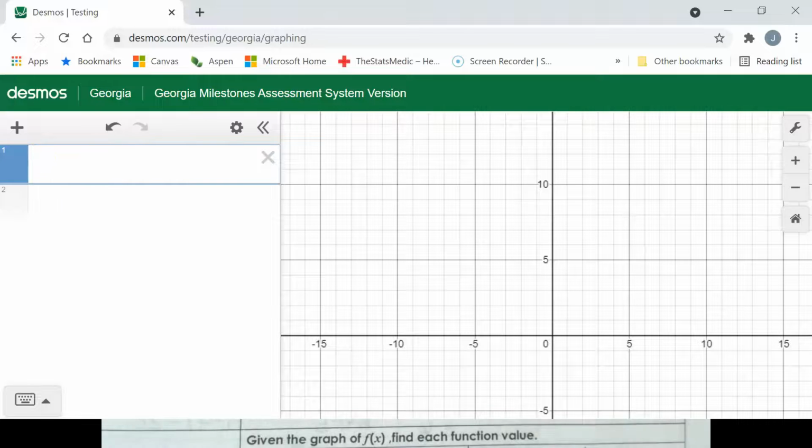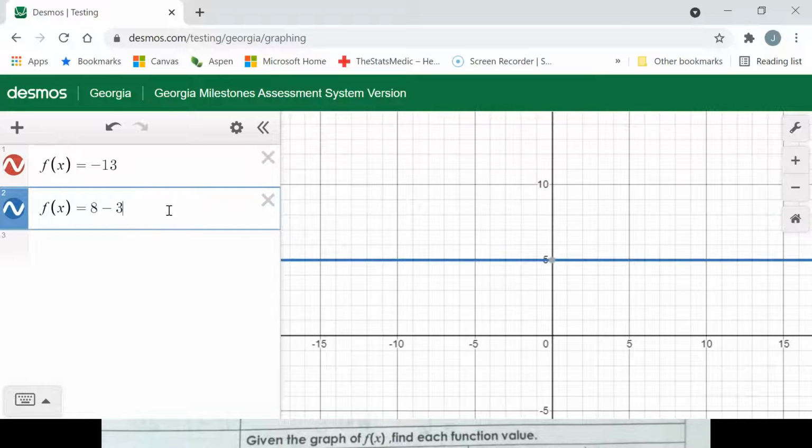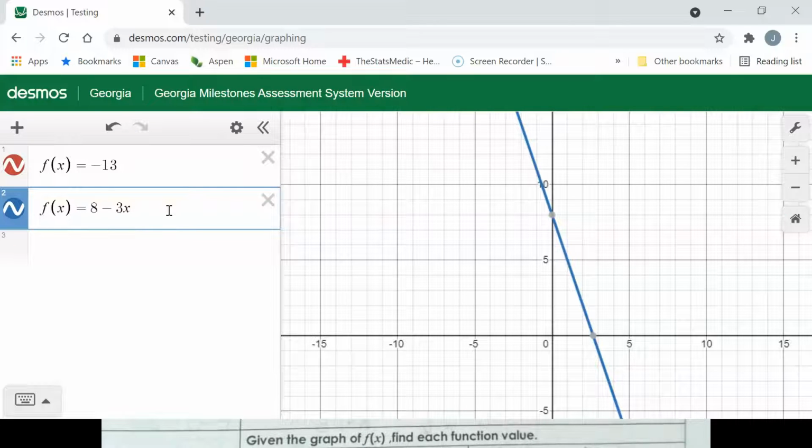And so we have f of x equals negative 13. Okay. And then we're using the f function because that's what it told us. And the f function is f of x equals 8 minus 3x. So I'm looking at that and I don't see anything.